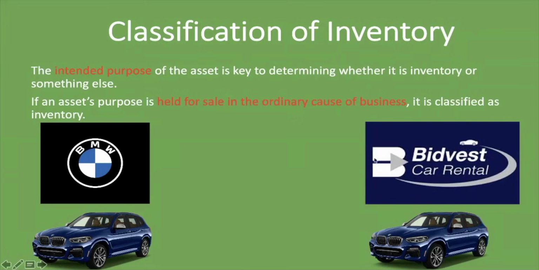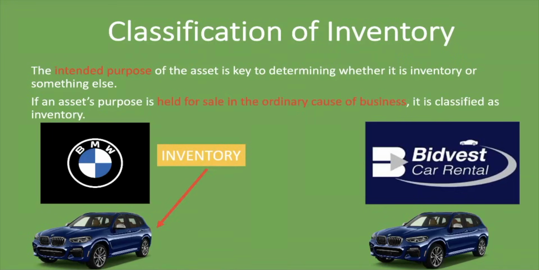Well, for BMW, what's their intended purpose for having the car? Their intended purpose is to sell those cars. So BMW produces cars so that it can sell them. Now you can see what is highlighted in red. If it's held for sale in the ordinary course of business, it is classified as inventory. Therefore, this car that you see here, BMW will classify it as inventory.